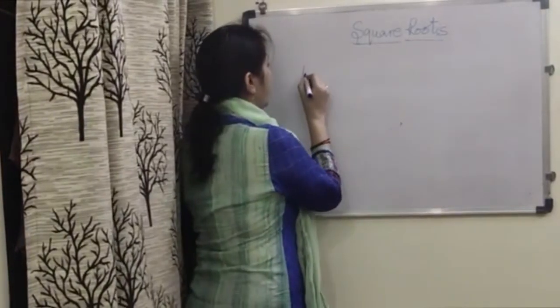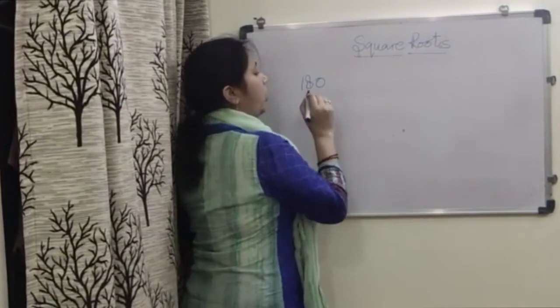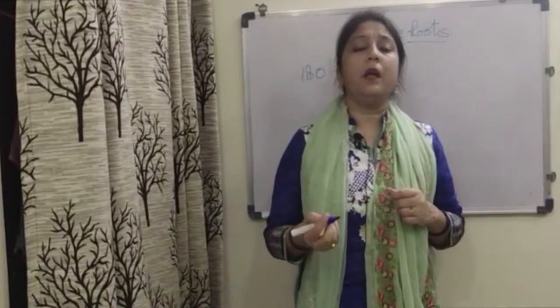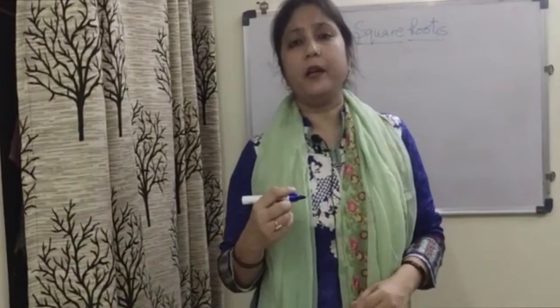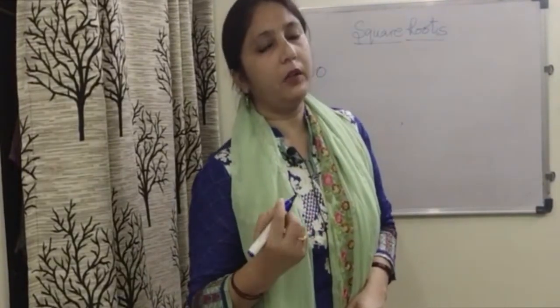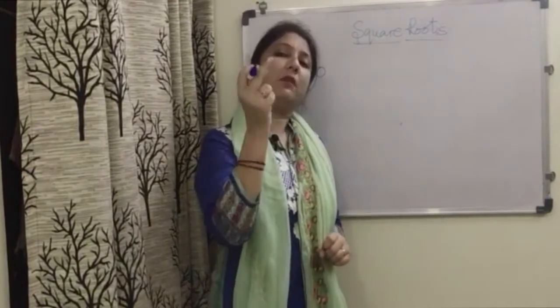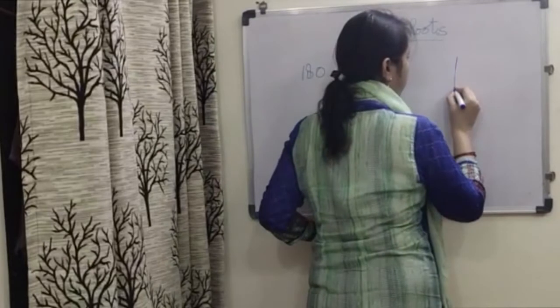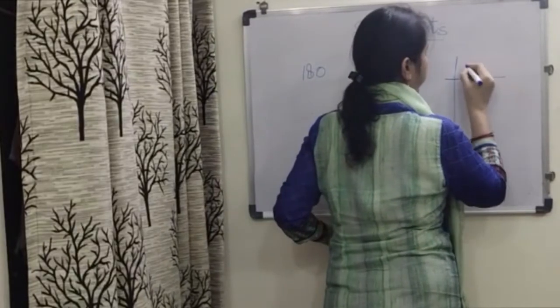Say I give you a number 180. You have to find the least number by which you can multiply to make it a perfect square. But the process remains the same. You do the prime factorization of 180.